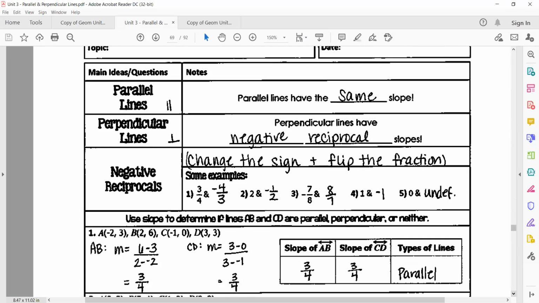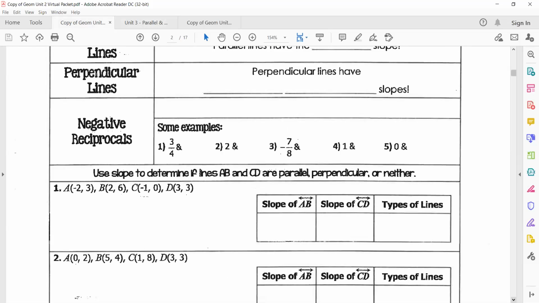And because they are ordered pairs, they're XY pairs, XY for A, XY combination for B, XY for C, XY for D. We can do the calculation. We can use that slope formula to find the slope. So for that first one, once you do the calculations, you discover that they both have a slope of 3/4. So they're going to be parallel. You will be expected to know how to do this calculation on this next unit test and probably in some of the practice problems.